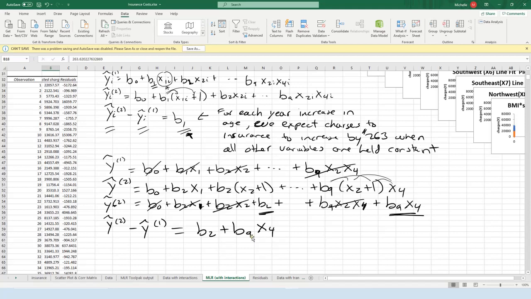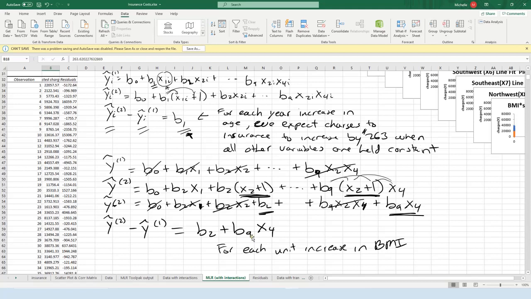We would have to interpret it for both. So we would say, for each unit increase in BMI, right? That's what I did, I increased BMI, right here.